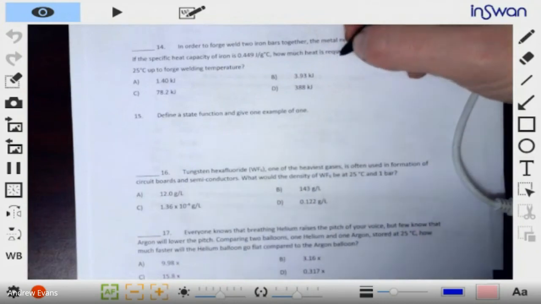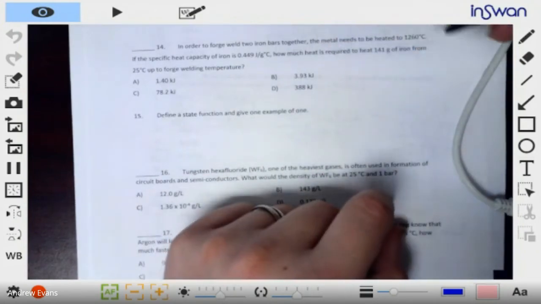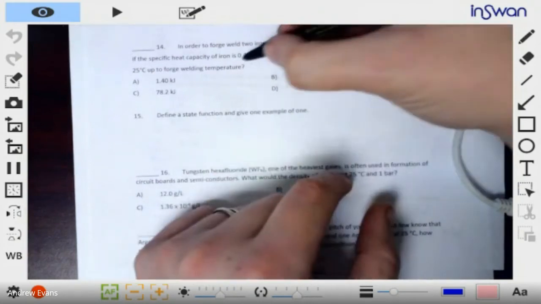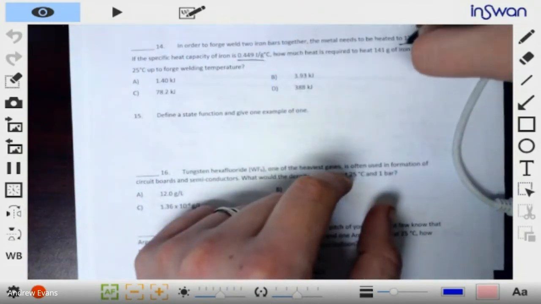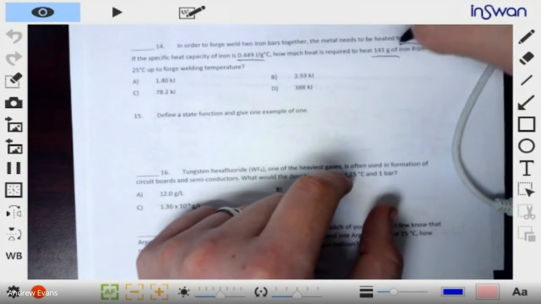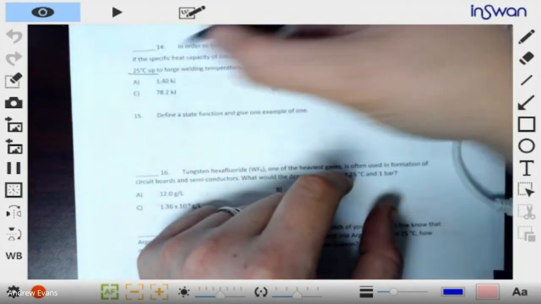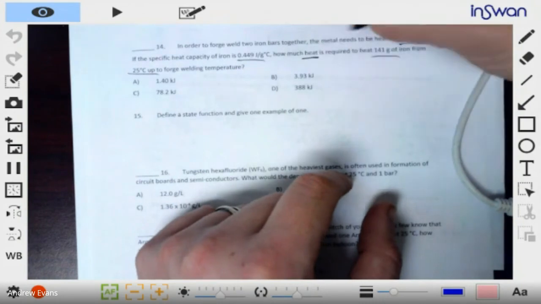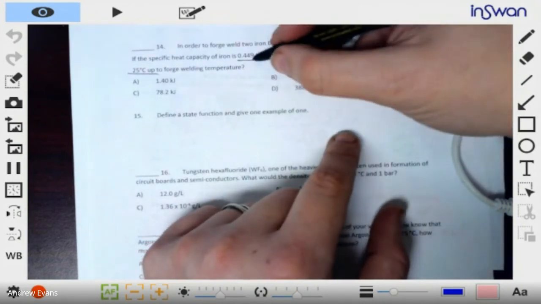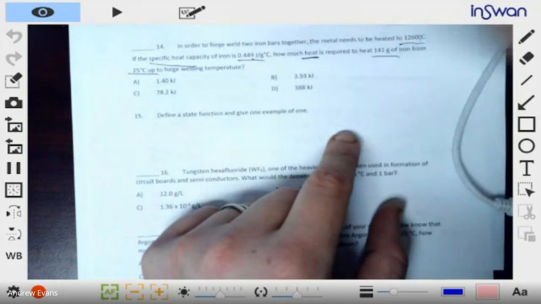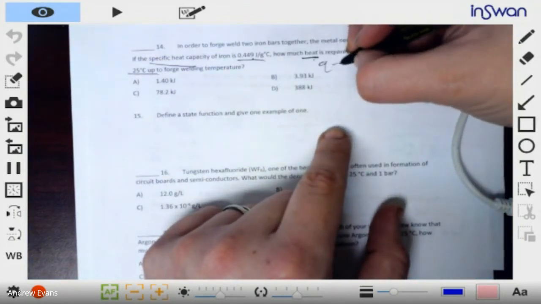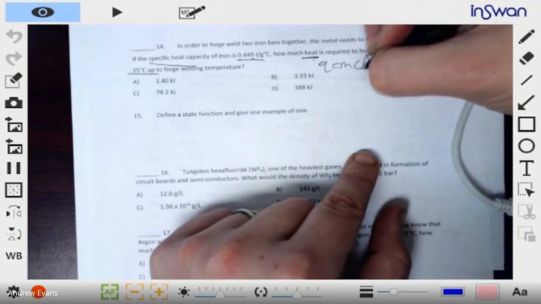Okay. In order to forge weld 2 iron bars together, the metal needs to be heated to 1260 degrees C. If the specific heat capacity of iron is 0.449, how much heat is required to heat 141 grams from 25 degrees up to the forge weld temperature? So we have heat capacity. These hints tell us this is a Q equals m c delta T equation.